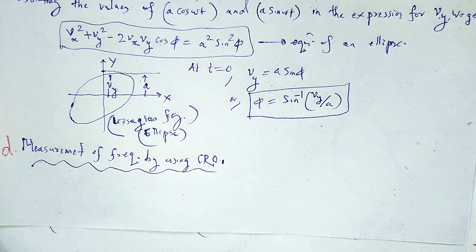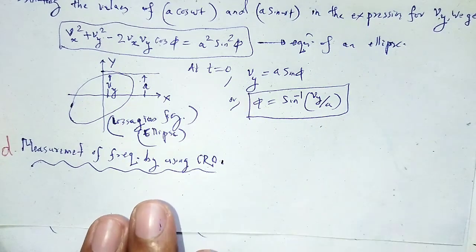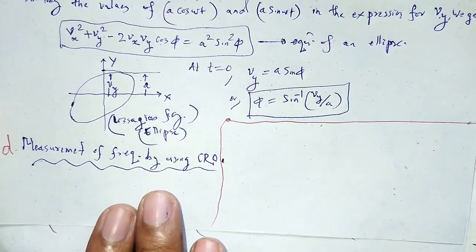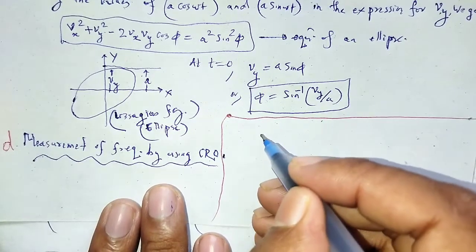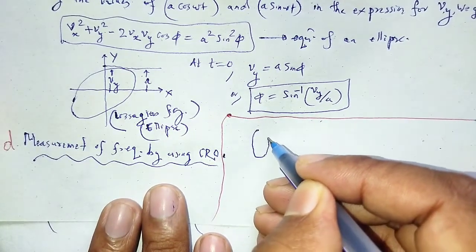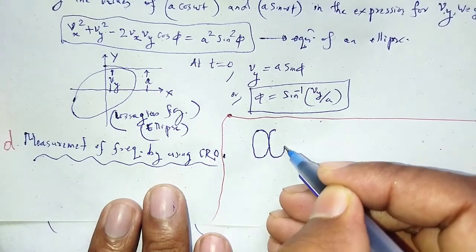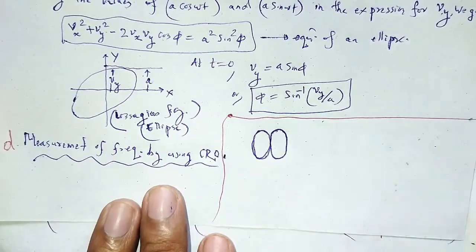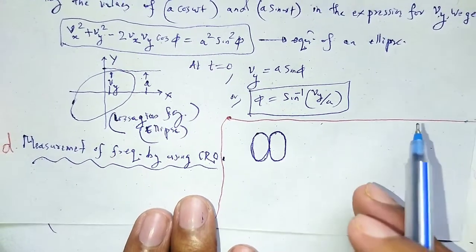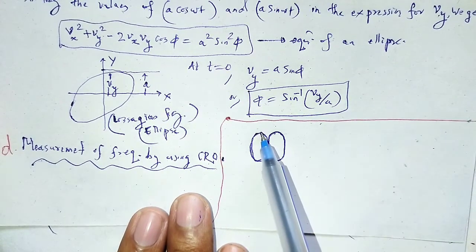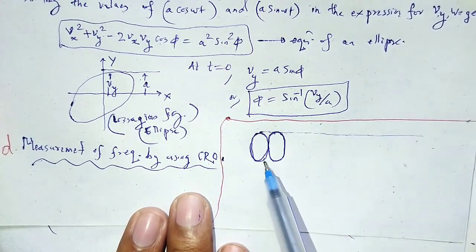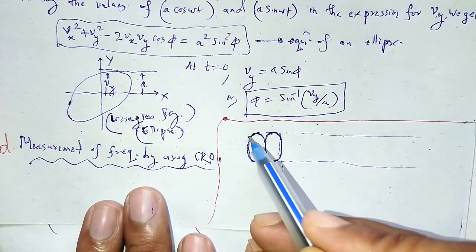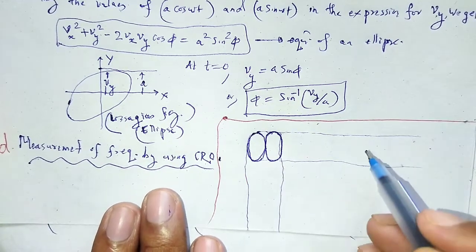If we take a Lissajous figure, like the figure of 8, how do we measure the frequency from it? Draw the vertical and horizontal lines.